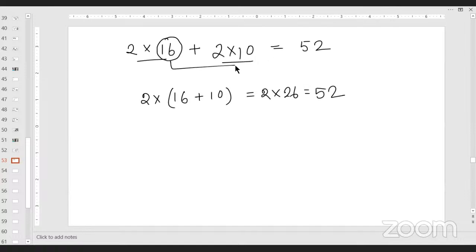If we add these two things here, it is 26, and you double that one. I mean, if we add them first and multiply later, we are also going to get the same thing. Okay, hold on.